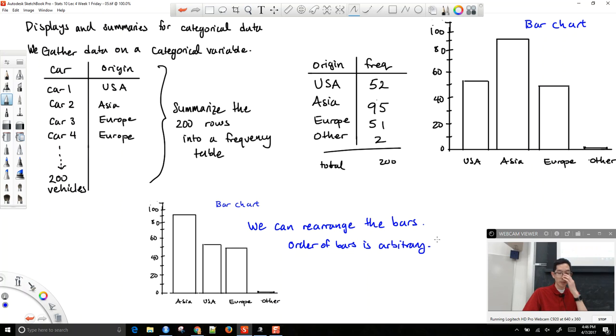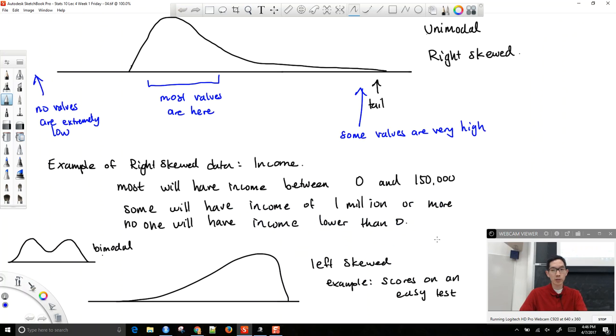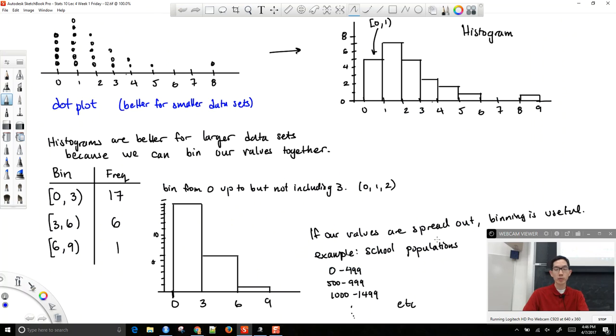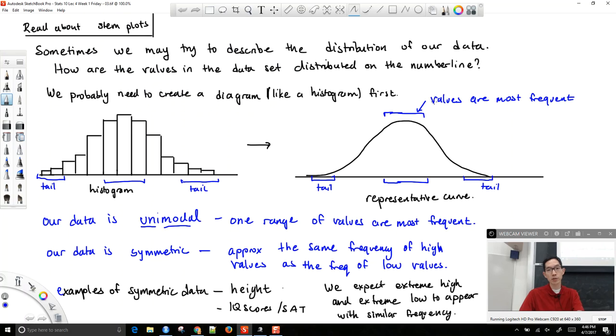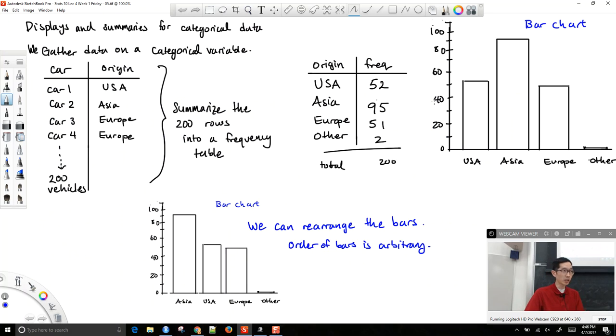If we compare this to a histogram, with a histogram we cannot rearrange the bars. The bars are associated with the number line, and you can't just say, today I feel like putting the number 7 in between the numbers 3 and 4. With a categorical variable, you can put Europe over here and Asia over here and the USA in this spot.